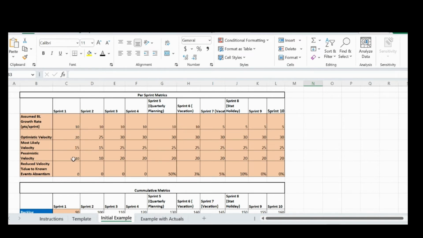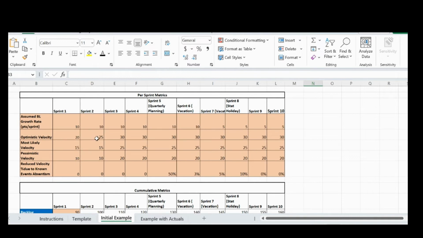And then for the velocity scenarios, I was very contingent about it. For the first sprint, based on the team, we decided that the team is meeting for the first time. They haven't had as much experience working together. So optimistically, we anticipated 20 points, most likely 15, and pessimistically 10.